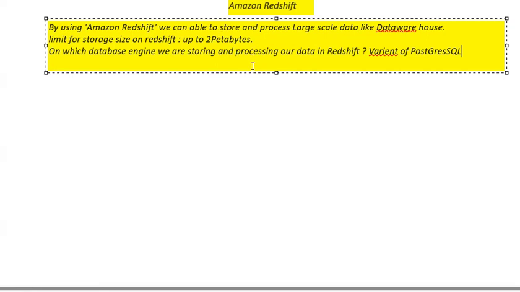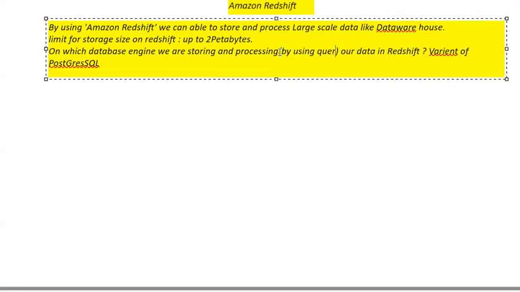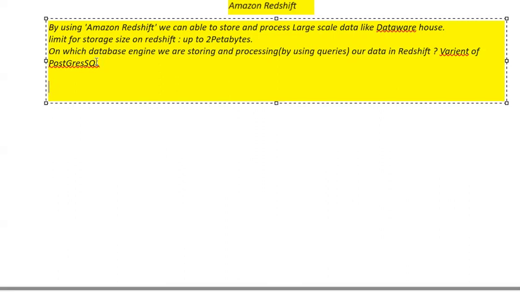You told we store our data in Redshift. Now, how do we process it? By using queries only, right? Yes. By using queries, we can process our large data. So for querying, which database are we using? A variant of PostgreSQL. In certification, they may ask which type of database queries you execute on Redshift.